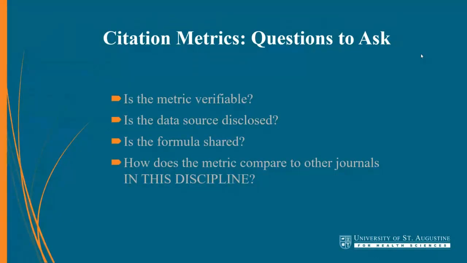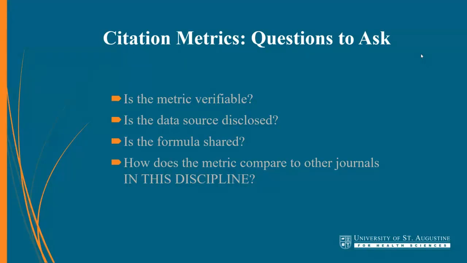You can't verify that. They may not even tell you how they calculate it because they may not even have an actual way of calculating it. So questions to ask yourself about those metrics: can that be verified somewhere? Is there a publisher's website or the organization that's responsible for compiling that data into that metric, can that be verified somewhere?